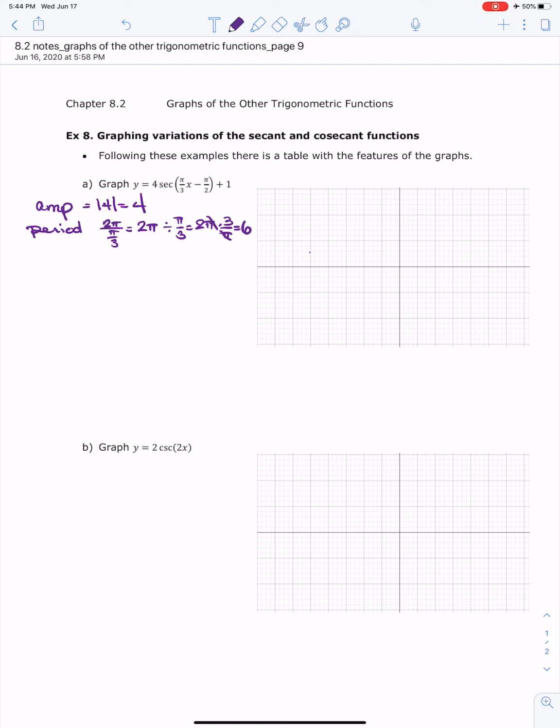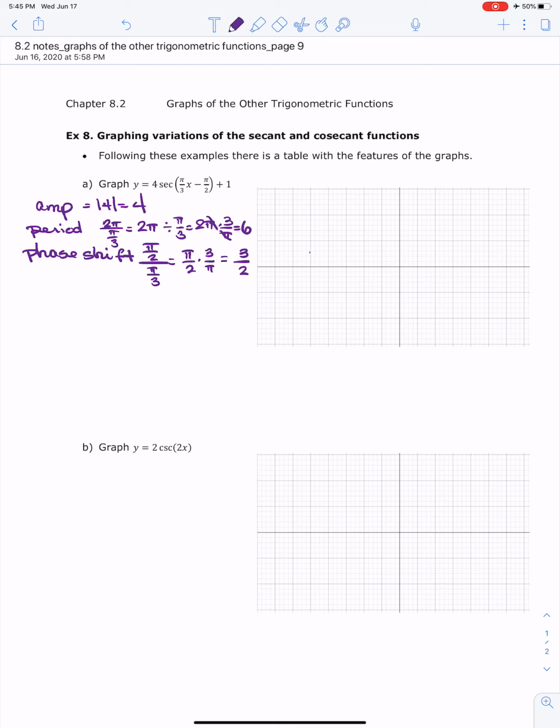We have a phase shift of pi over 2 over pi over 3. Pi over 2 times 3 over pi. So everything is moving 3/2 to the right.